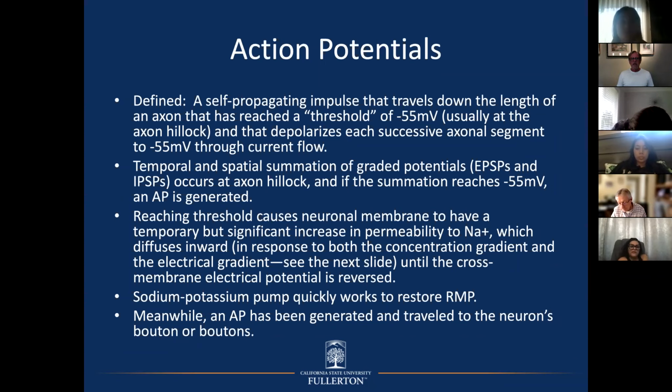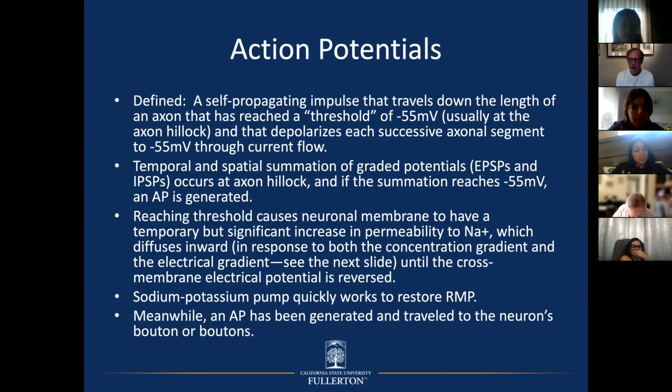Okay, so temporal and spatial have to align in order for it to become an action potential. Yes, one way or the other. You have to get enough excitation going on. You have to get enough EPSPs generated in a short enough amount of time to get that axon hillock to threshold.